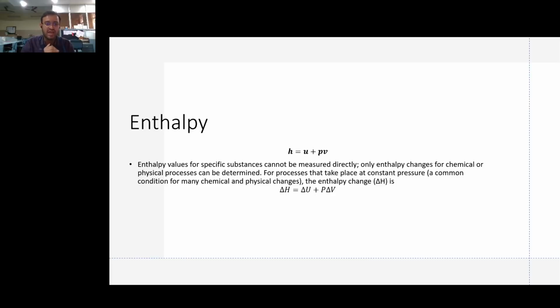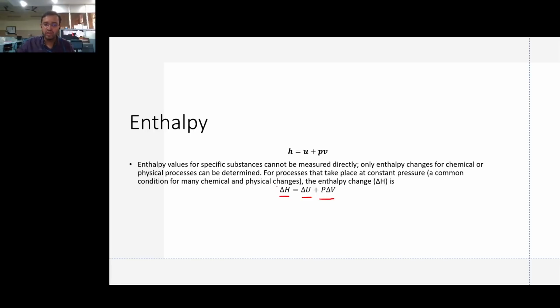All right. So as mentioned on the screen in front of you, enthalpy values for specific substances cannot be measured directly. Only enthalpy changes for chemical or physical processes can be determined. For processes that take place at constant pressure, a common condition in many chemical and physical processes, the enthalpy change is dH is equal to dU, that is delta H, that is a change in enthalpy is equal to change in internal energy plus pressure into change in volume.